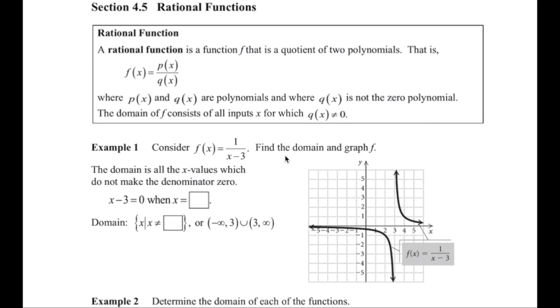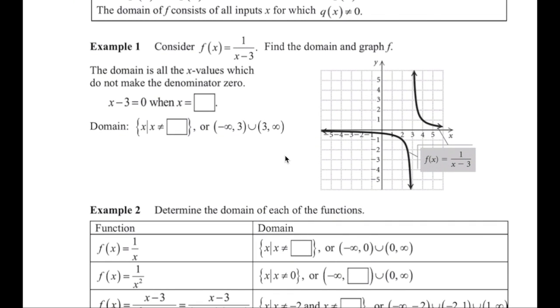So if we were to consider the function 1 over x minus 3, let's find the domain of the graph. We know that the domain is all the values of x. However, we have to exclude those values where the denominator would be 0. So when I set x minus 3 equal to 0 and solve, we need to avoid where x is 3.